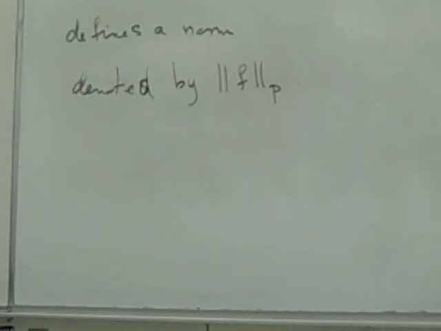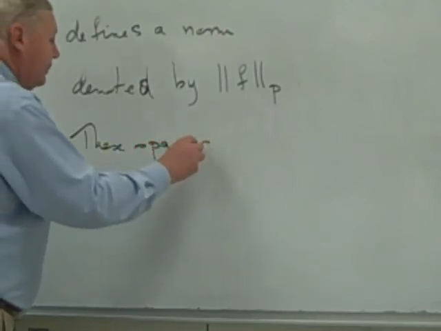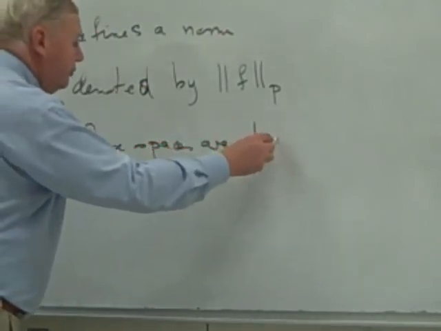It could be any interval here, or even 0 to infinity, functions that are integrable over infinite intervals. And all the results go through in an analogous way. And so these spaces are also complete.